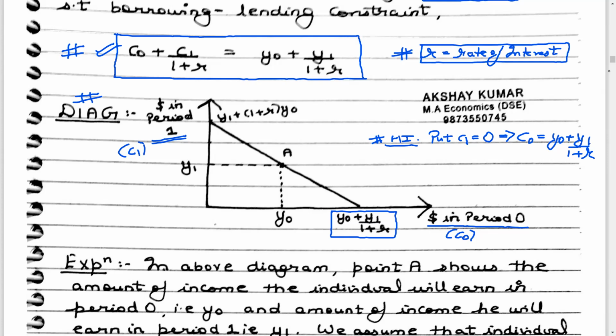And how do we find the vertical intercept? You all know this.